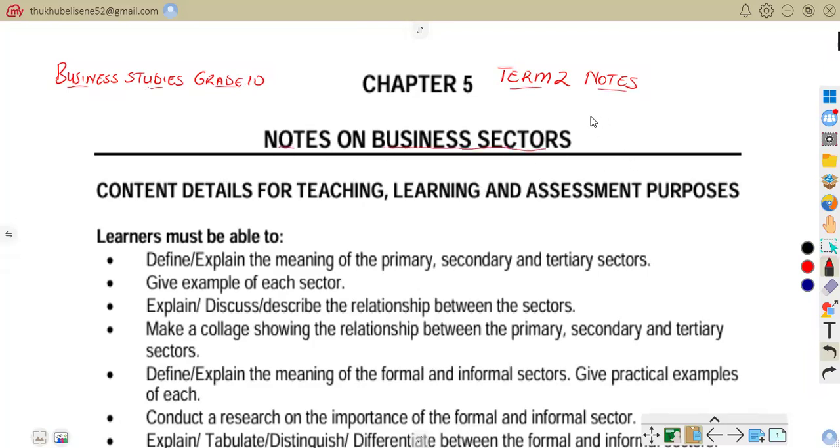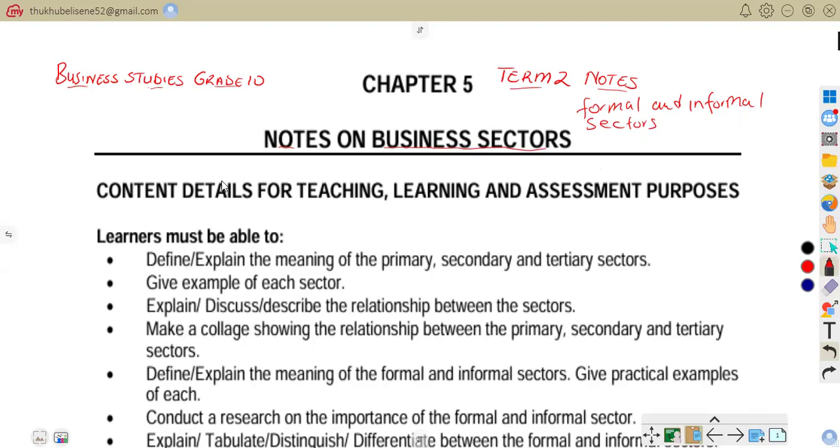In this presentation, we're going to look at the formal and informal sectors.